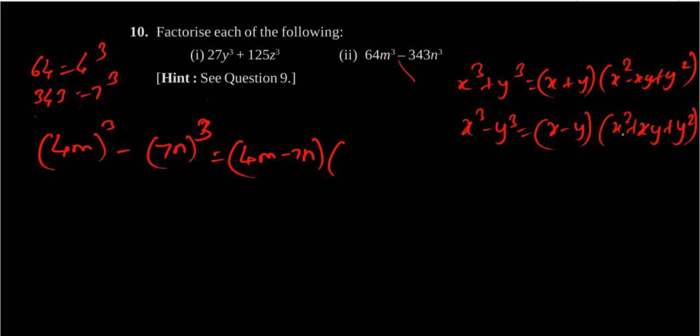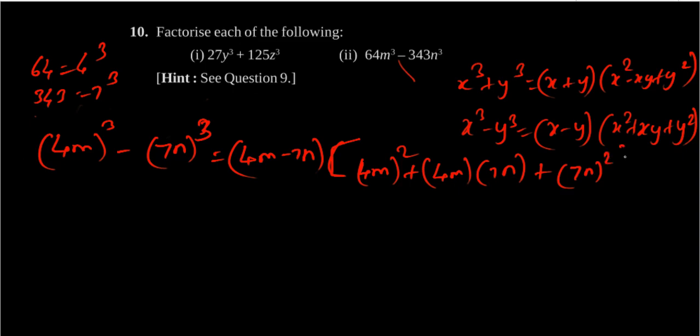And the second factor will be x square, that means (4m) the whole square plus 4m into 7n, that means the xy term, plus (7n) the whole square.